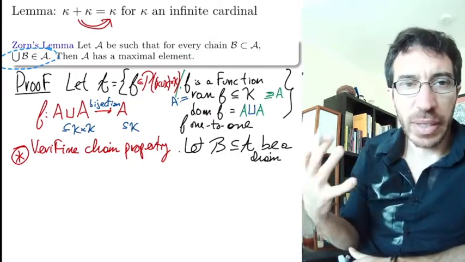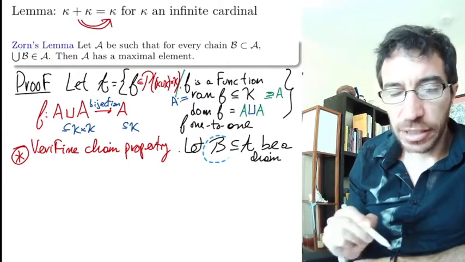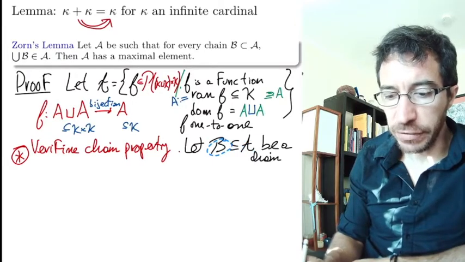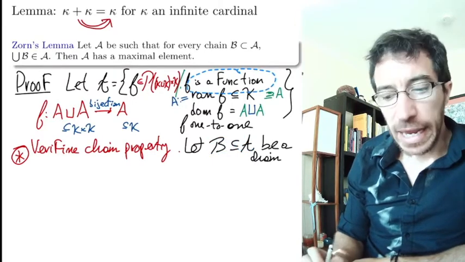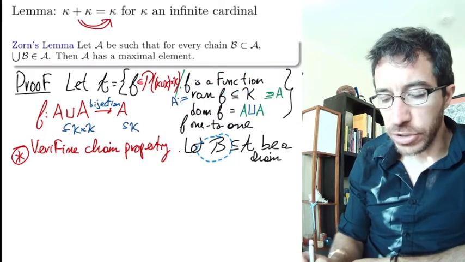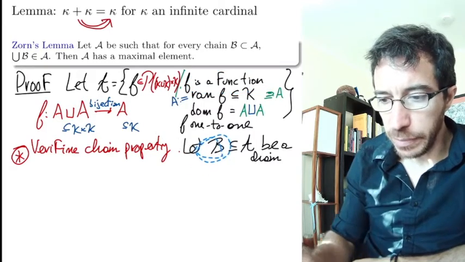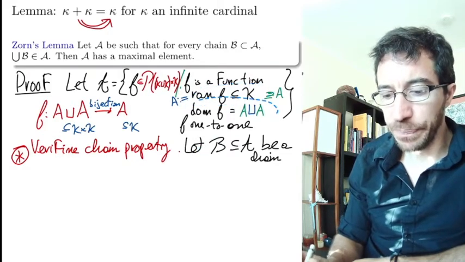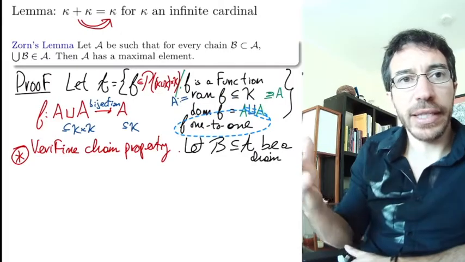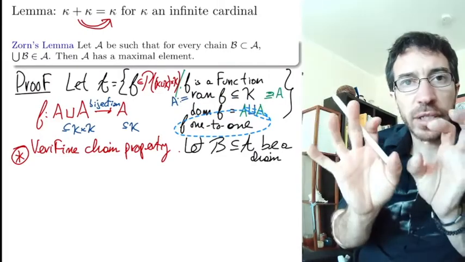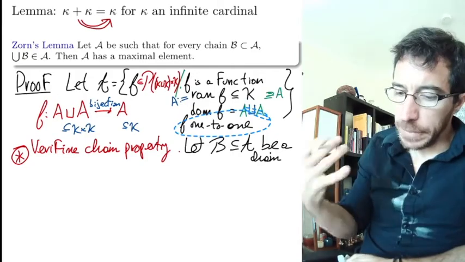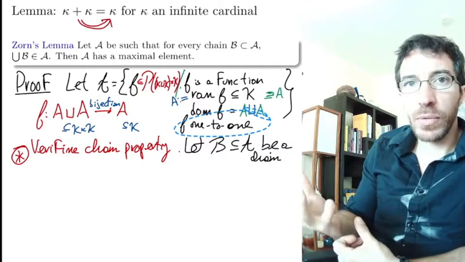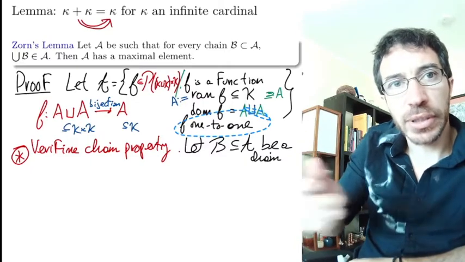So if you take a chain inside A, it is a set of functions, and all these functions in the set B have to have the right properties. They are all 1 to 1, and the domain of each function is the union of the ranges twice. What we need to show is that if we union all these functions together, we get another function that satisfies the same properties.